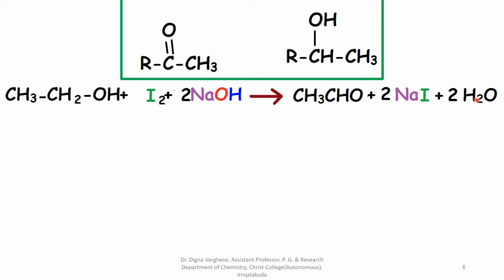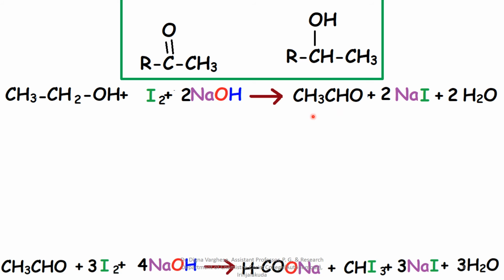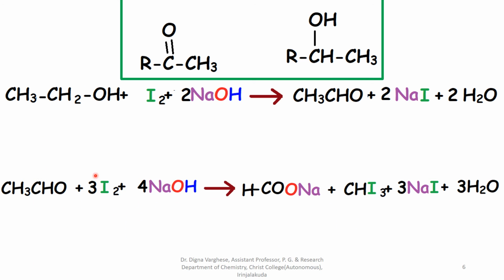In the next step, this acetaldehyde reacts with iodine and alkali. It forms sodium formate and iodoform, CHI3, plus sodium iodide and water. So from alcohol also we can get haloform.